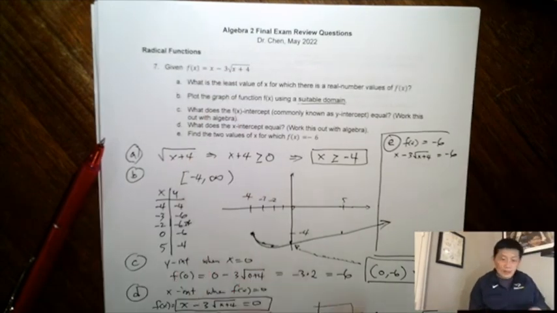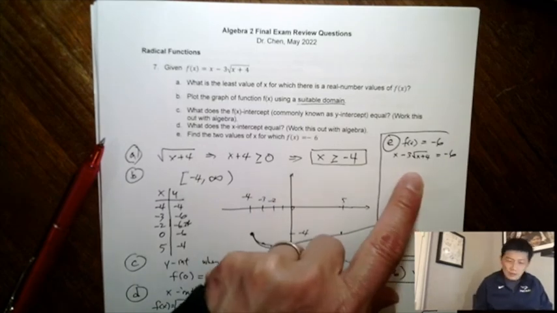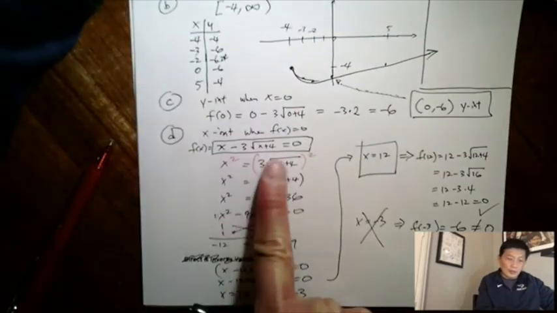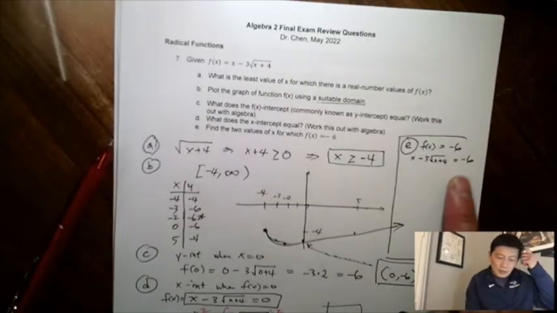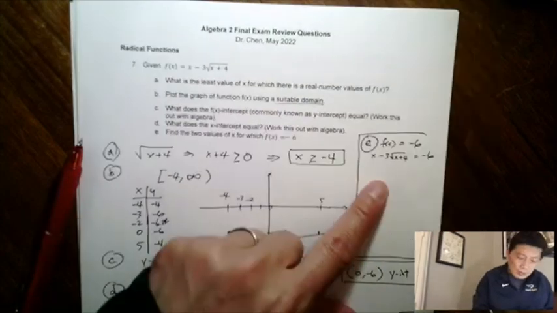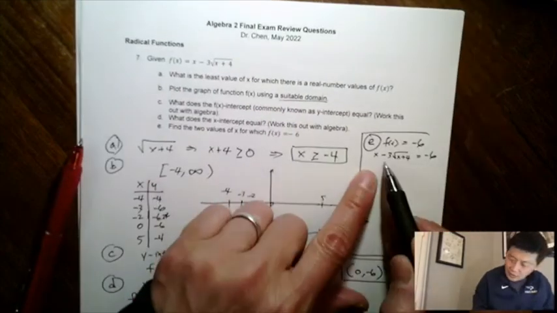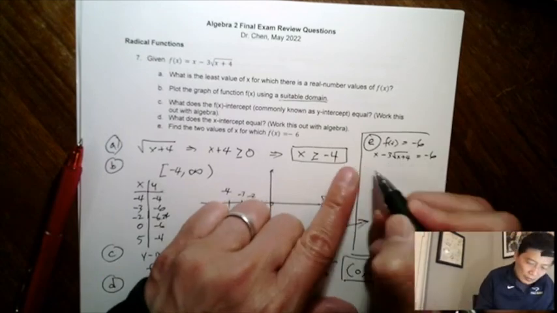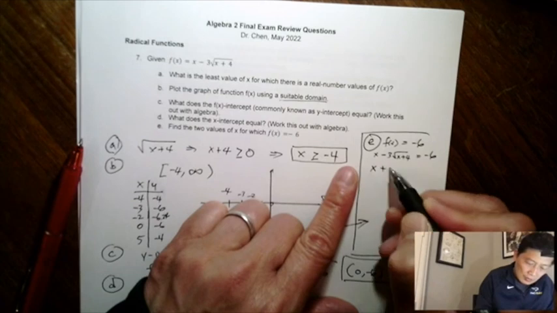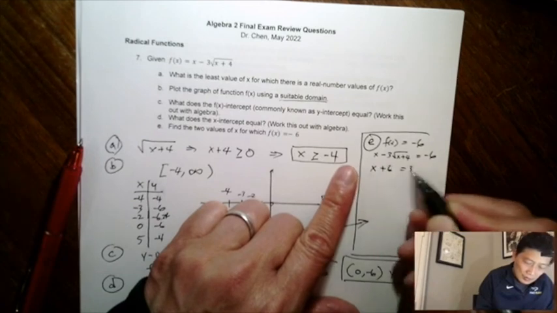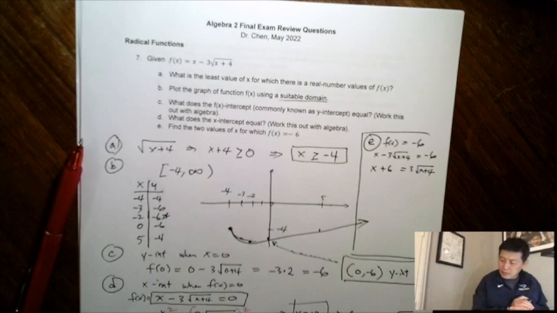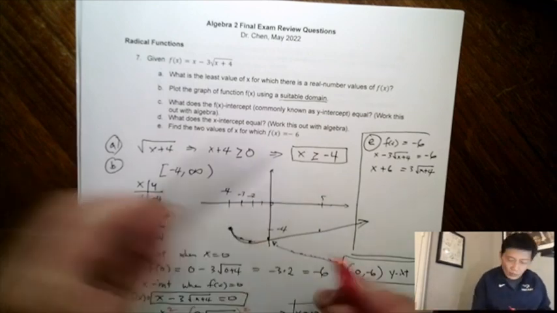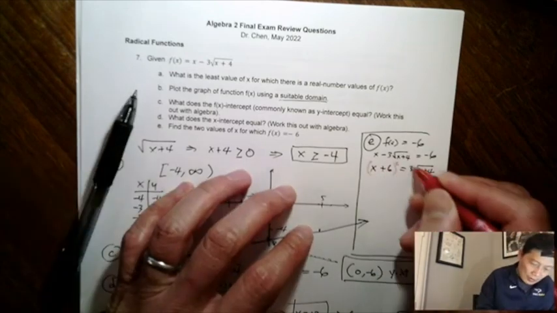Okay. Now, this is no different than when we were solving this equation down here, setting equal to 0. So we have to think of it this way: maybe I can move the negative 6 onto this side and make the negative 3 square root of x plus 4 go to the other side. So I'm going to do some movement over here. And if I do that, I can go ahead and square on both sides.